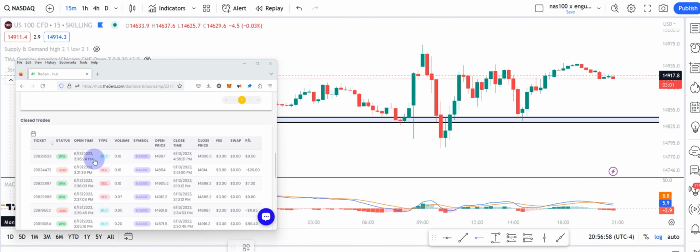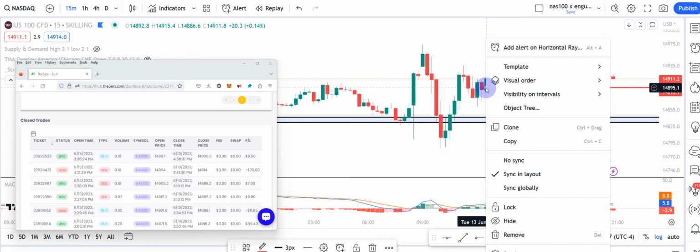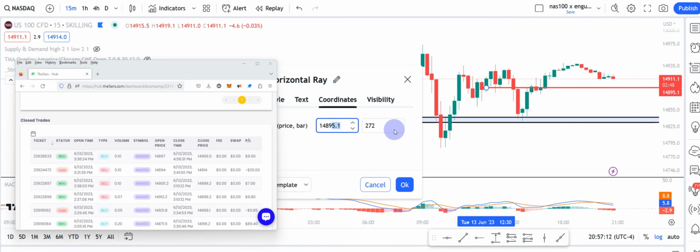So the last trade now is at 12:30. 14,987.